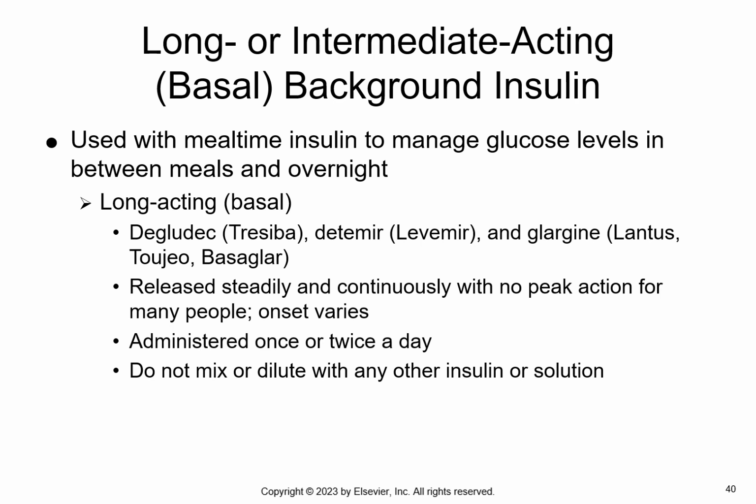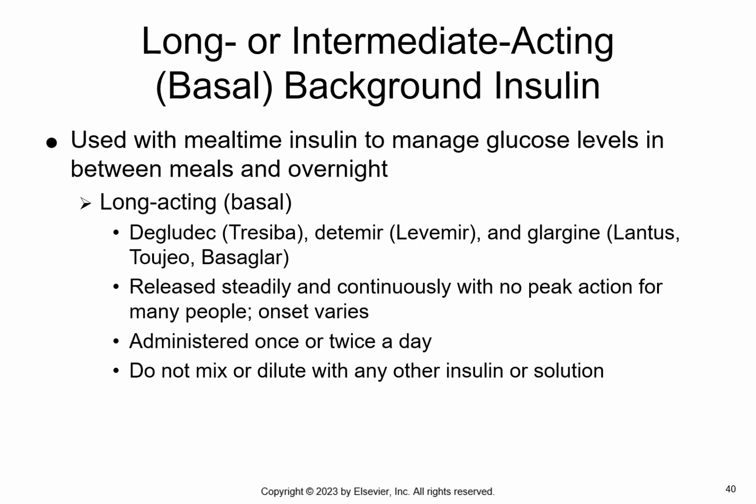The long-acting insulins include degludec or Tresiba, Detemir or Levemir, and Glargine: Lantus, Toujeo, or Basaglar. Long-acting insulin is released steadily and continuously for most people.